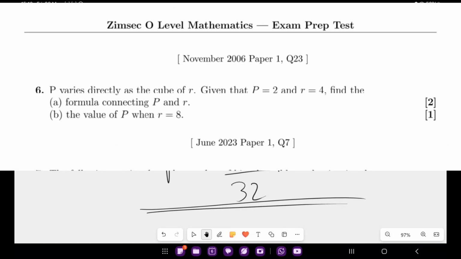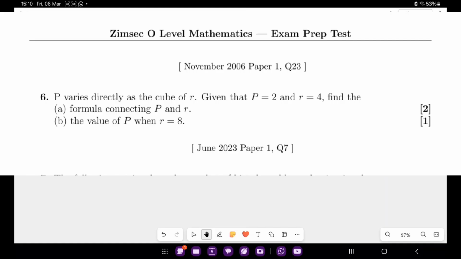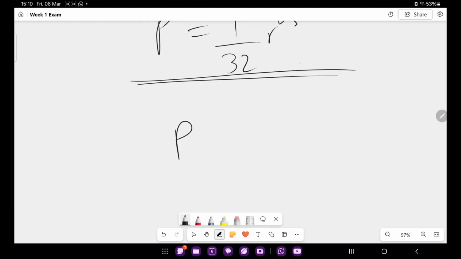Part B says find the value of p when r is equal to 8. So what we do is we take our previous answer, the formula, which is p is equal to 1 over 32 r cubed, and then we use this formula.